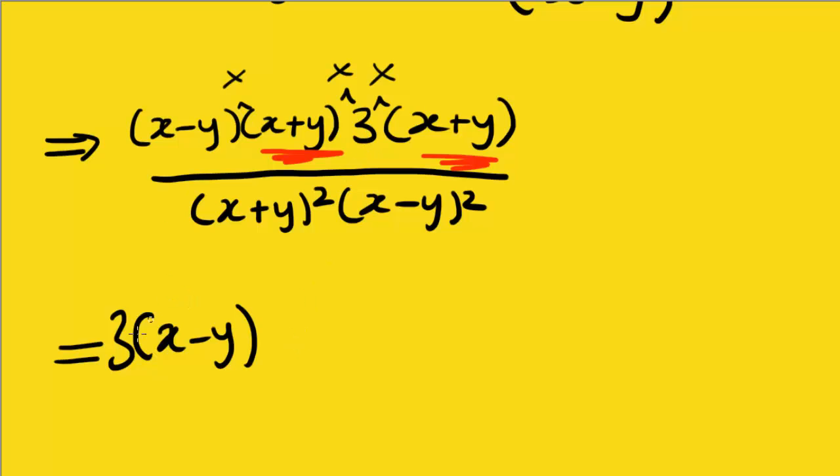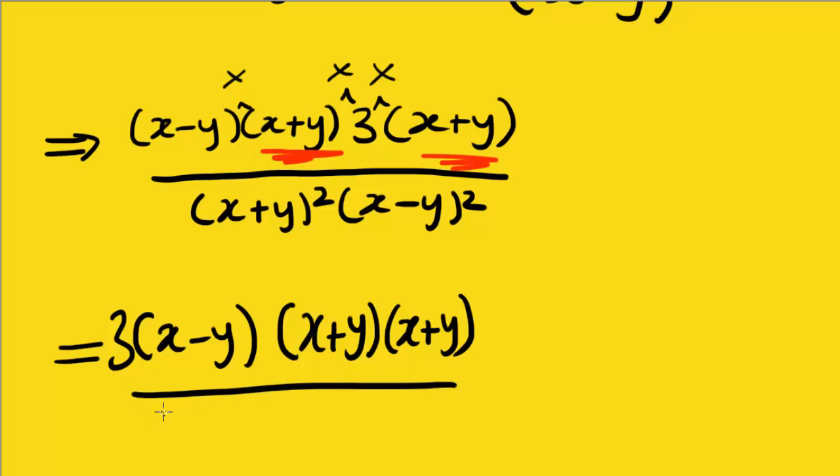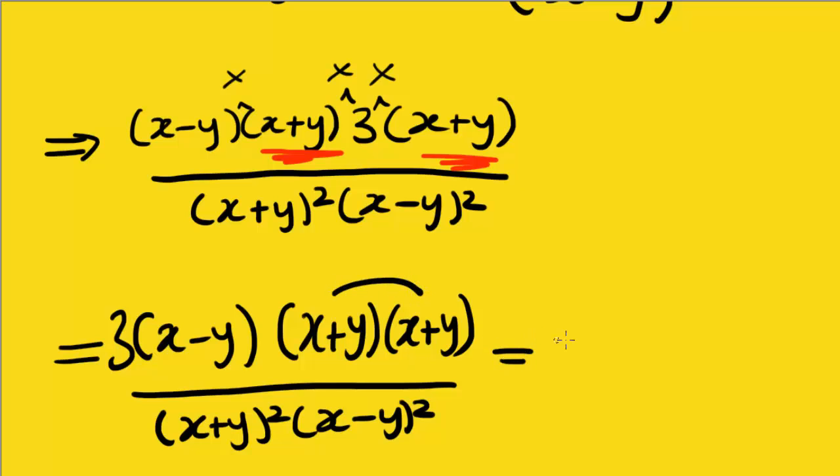So I can bring 3 in front and say, 3 times x minus y times x plus y times x plus y. For the denominator, I can keep it the same, or change the order in which you carry out the multiplication. It doesn't matter. Anyway, this gives x plus y squared.